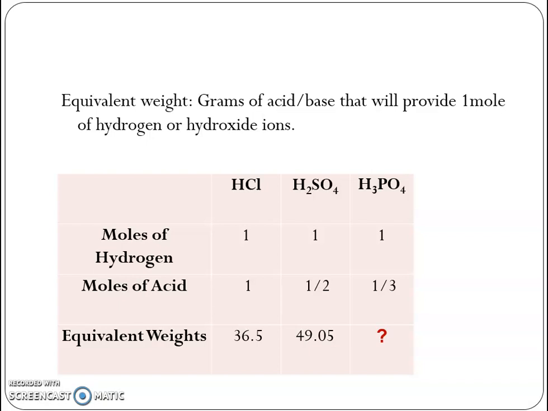Now for H2SO4 we will divide the molecular weight by 2 because 1 mole of acid has 2 moles of hydrogen. So its equivalent weight will be 49.05 because H2SO4 is 98 gram per mole. So you can calculate for H3PO4. For H3PO4, for equivalent weight you will have to divide the molecular weight by 3.